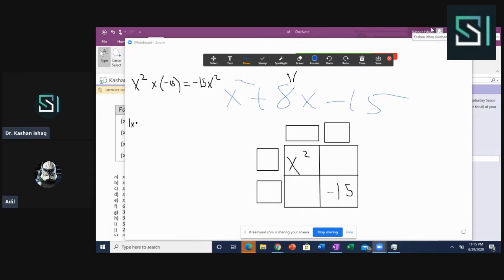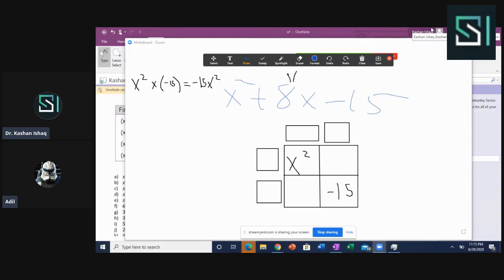When you start off with the first one, 1 times negative 15 would give you negative 15x squared. Then you move on to the next. Negative 15x squared is what you're trying to get, right? So 1 times negative 15 gives you negative 15x squared.